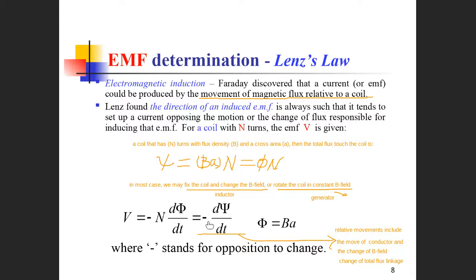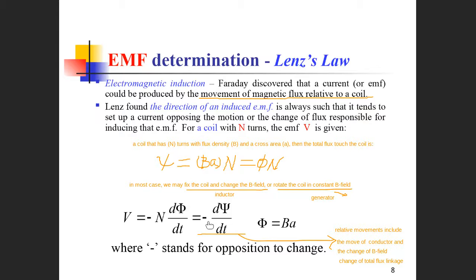For example, if the original current is increasing, it generates additional electromotive force that tends to produce a current to reduce the current. That's the meaning of it. If the original current is decreasing, the induced electromotive force tends to produce additional current that increases the current.